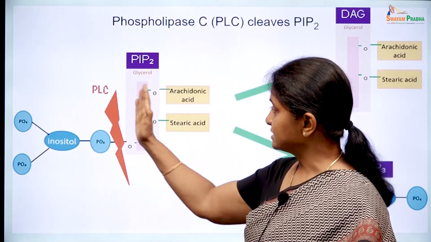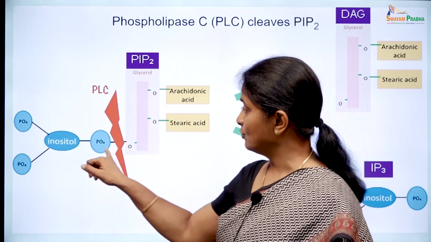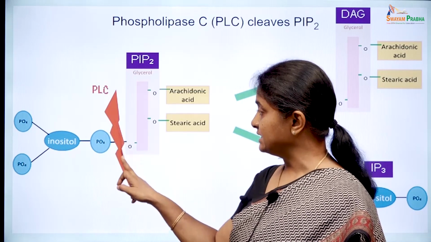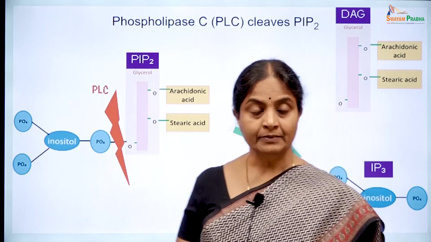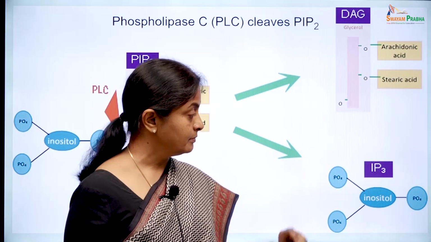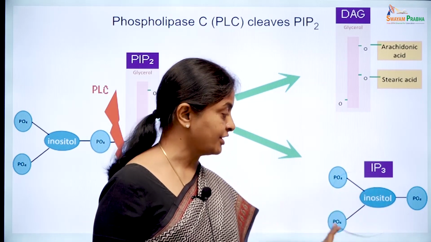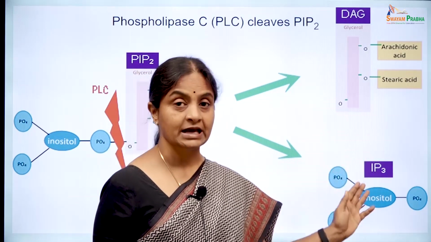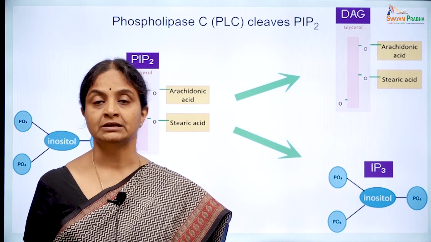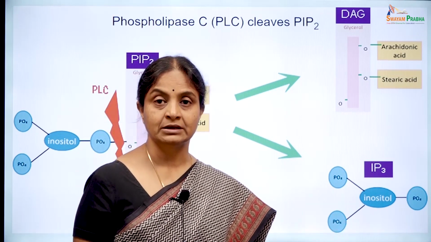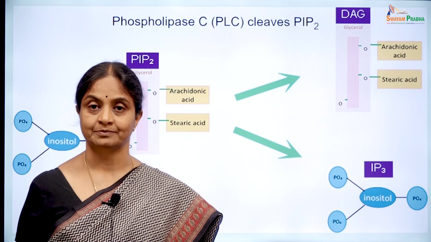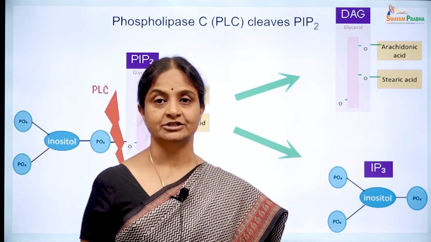Now, here is phosphatidylinositol bisphosphate, and phospholipase C cleaves the molecule here so that we get a diacyl glycerol molecule and an inositol triphosphate. Both diacyl glycerol and inositol triphosphate are important signaling molecules. Inositol triphosphate can open calcium channels on the endoplasmic reticulum to release calcium. We will learn more about that later on.